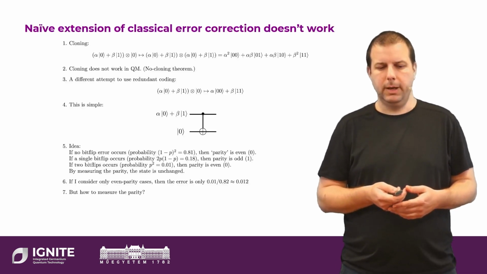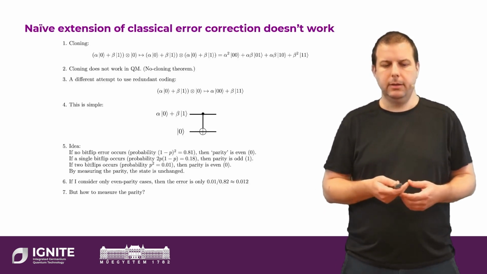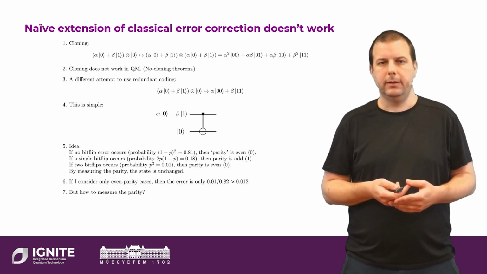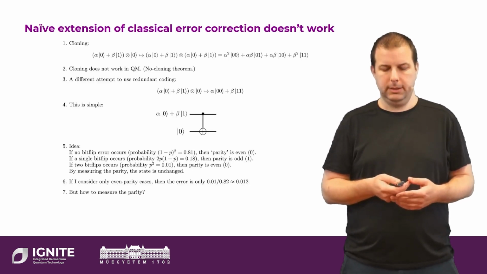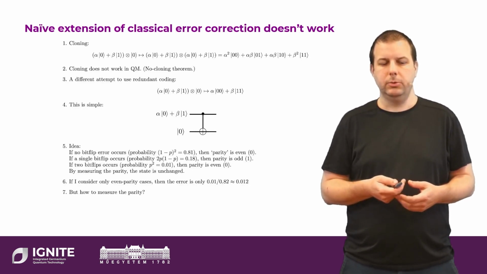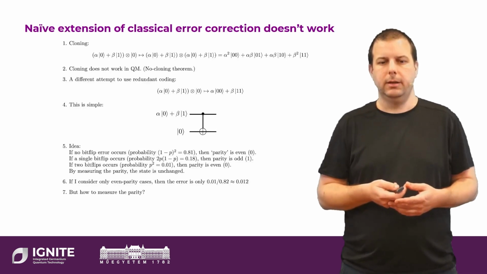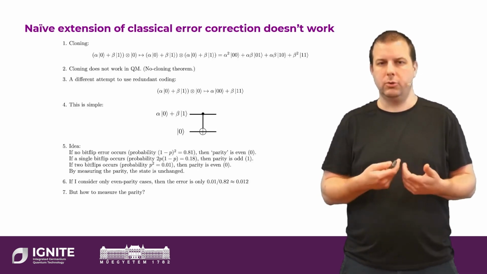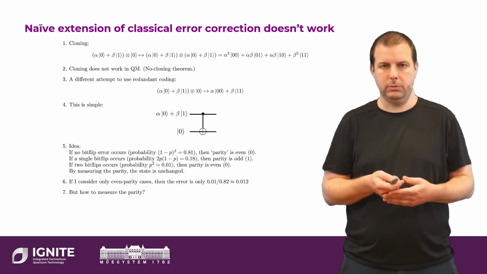Now, my goal here is to extend the classical error correction scheme shown in part 1 to a quantum version. And a naive idea in that direction would be to try to use redundancy again, and as we did in the classical case, use redundancy in terms of cloning or copying the original state which you want to transmit.